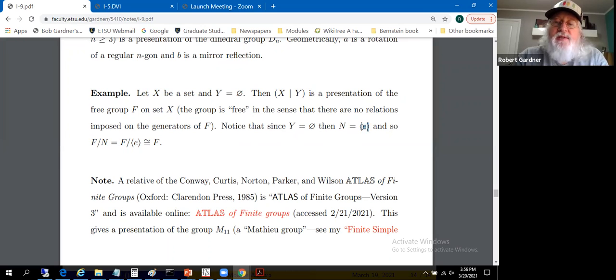Well, that would consist of the identity. I don't necessarily have anything else that produces the identity in terms of generators. So we've got that freedom. We get F mod N is the same as F mod a trivial subgroup, and that's F itself. So you get the isomorphism, you get the free group out when we have no relations.